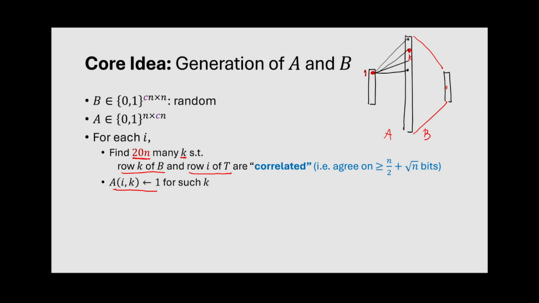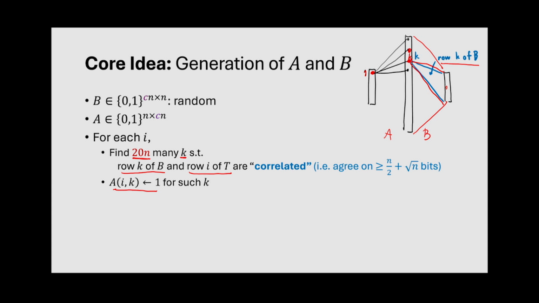So basically, I'm going to connect this to several guys. And then, what is the kth row of B? It means that if you look at the neighbors of this guy, it can correspond to some vector, right? That's the kth row of B.